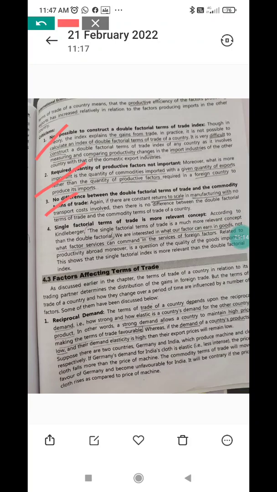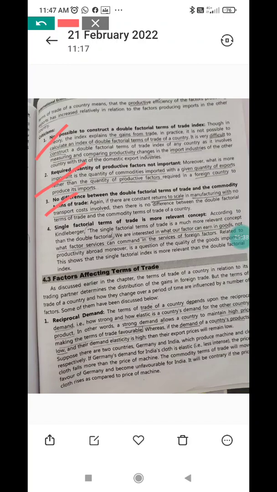So, we had discussed the meaning and importance of terms of trade and the types of terms of trade. In these types, net barter terms of trade, gross barter terms of trade, and income terms of trade we had completed, and after that the interchanges that took place in relation to the above commodities.